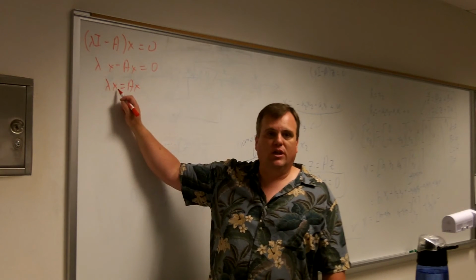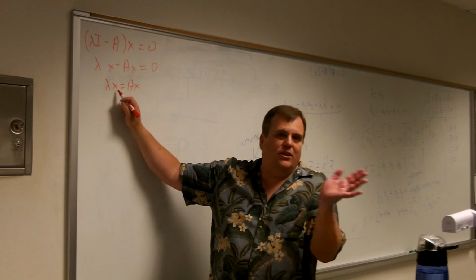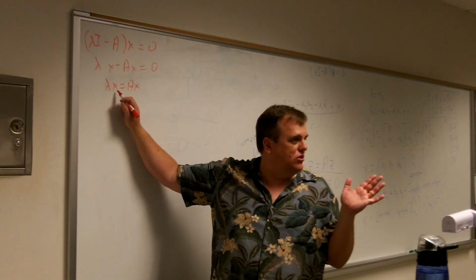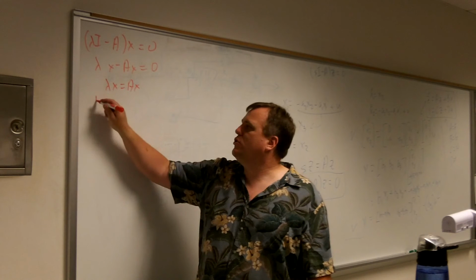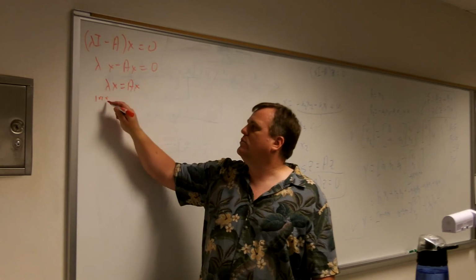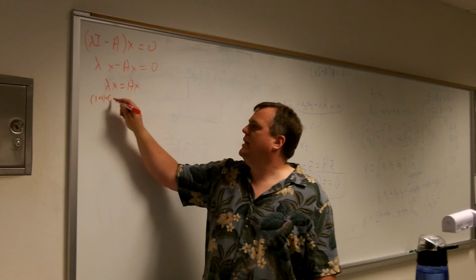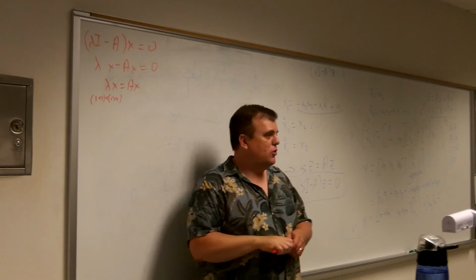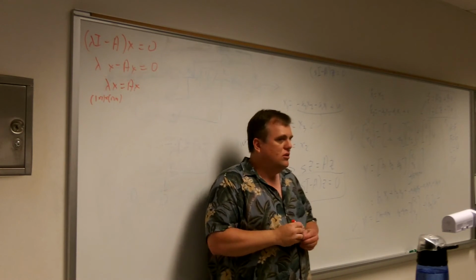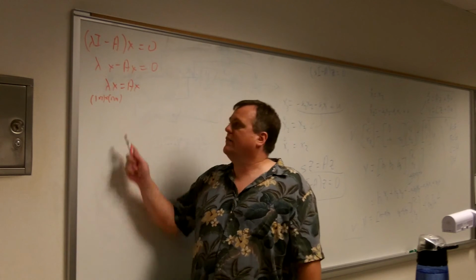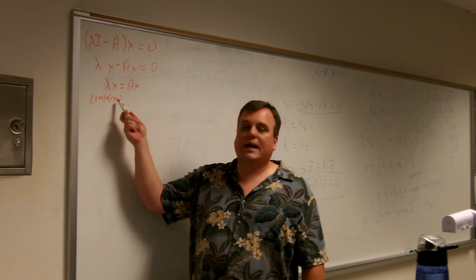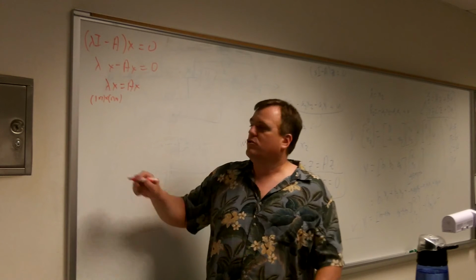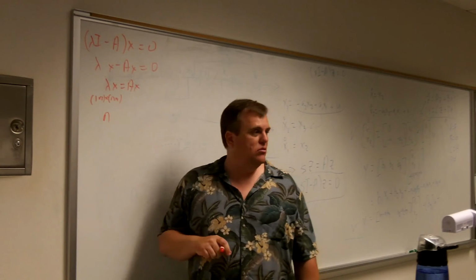X is a vector; if there are n states, it's n by 1. This is a 1 by 1 times an n by 1. What's the complexity of doing that multiplication? Big O of n. You have to take this scalar and multiply it by every one of those elements. So this is big O of n.